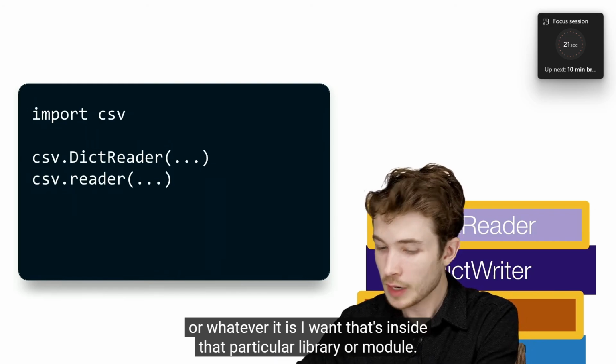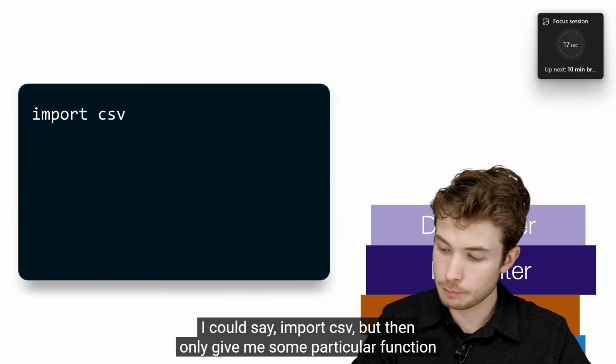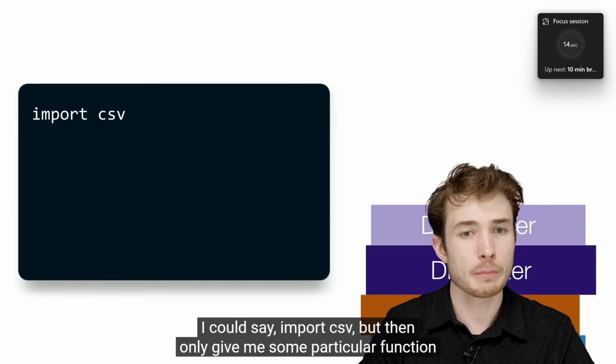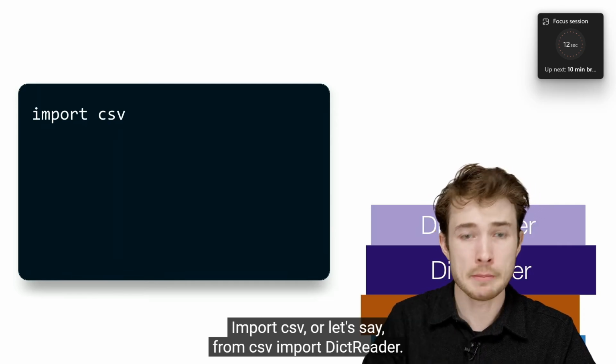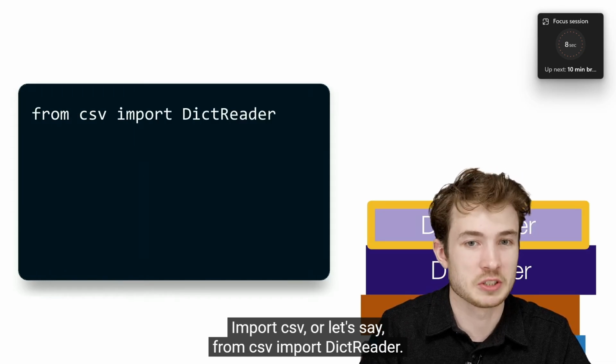I could also do things a bit like this. I could say import csv, but then only give me some particular function or object. Or let's say from csv import DictReader.